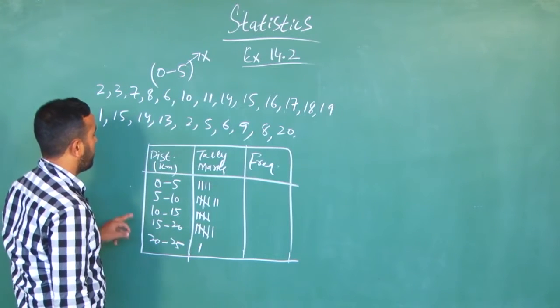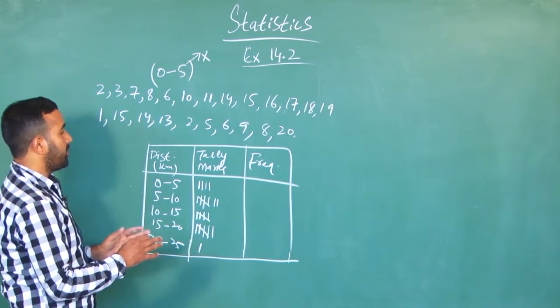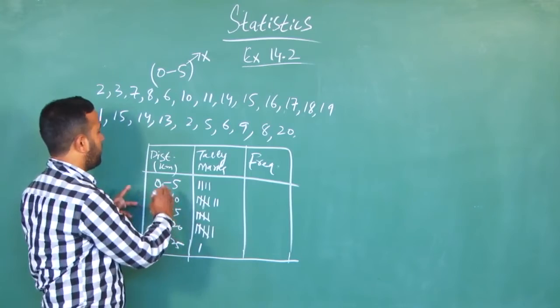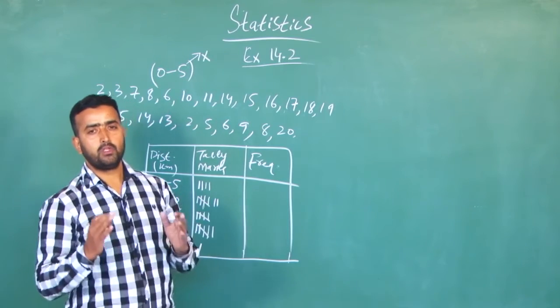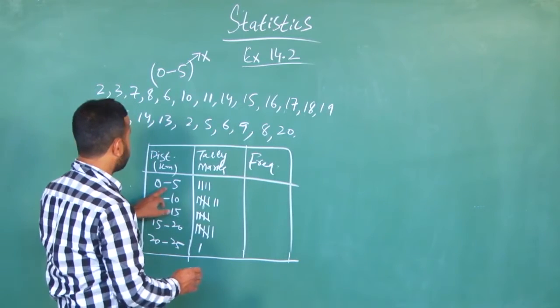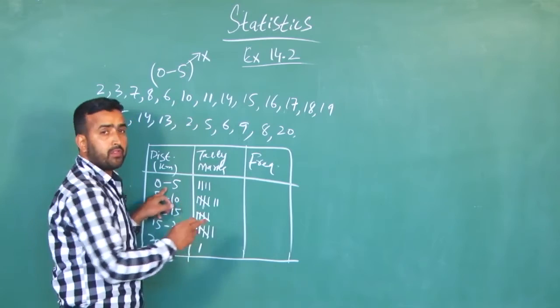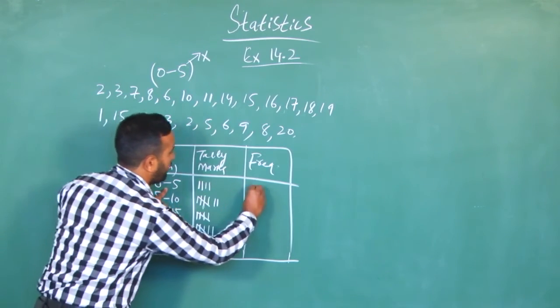Now let us count the tally marks. The frequency for those, how many of the children are residing within the group of 0 to 5 kilometers. In this group, the frequency is 4.